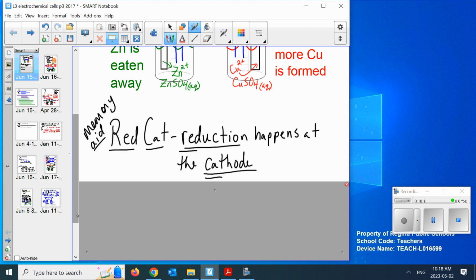Now, real quickly, outside of the chemistry classroom, have you ever used the term anode more than cathode? Have you ever heard it? Yeah, anode rods. What is the purpose? This is what I was going to get at. The anode rod in the water heater. Every 2 years or so, you replace it because it's being eaten away, just like the anode, the zinc, is eaten away too.